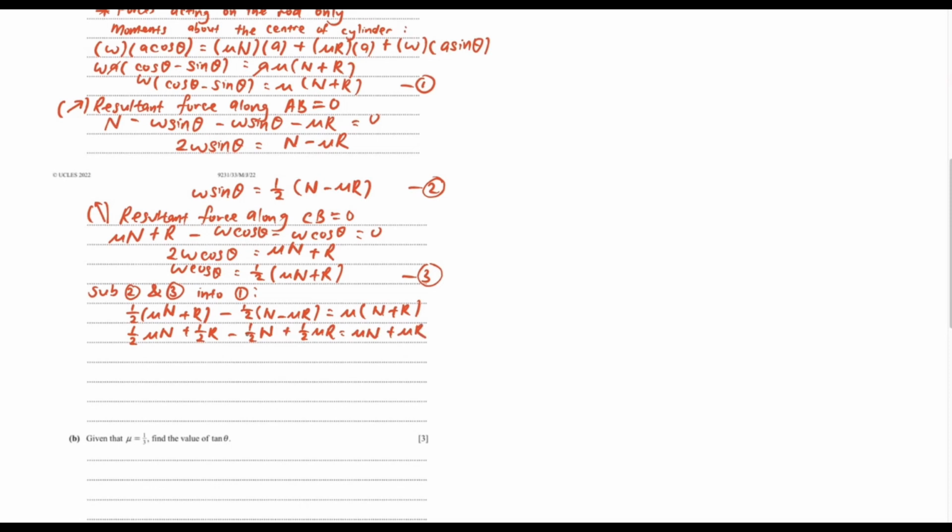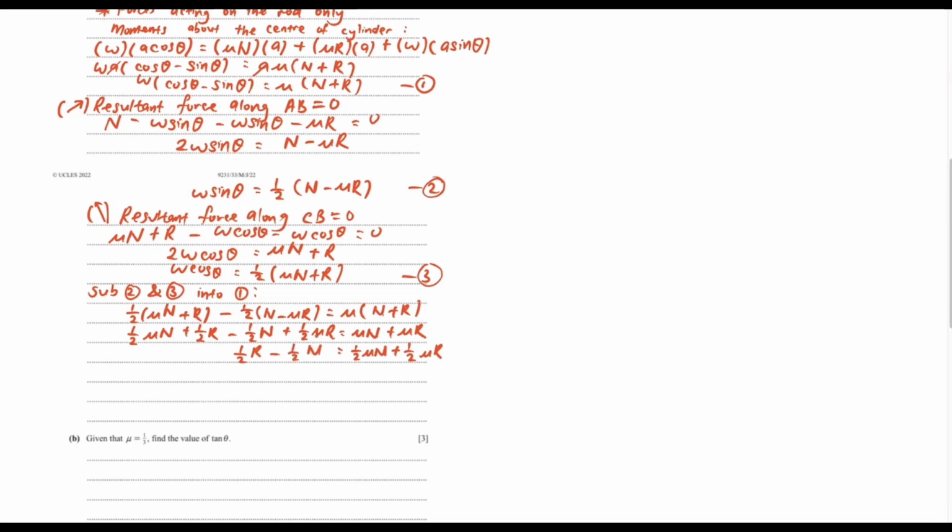Okay, then I have to put together all the information. So I have half mu n, I put here half mu n, mu R, bring over half mu R. Then on this side I have only half R minus half n.